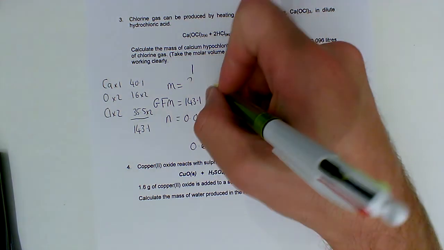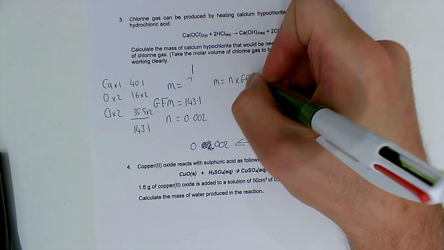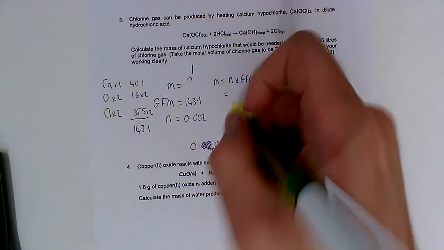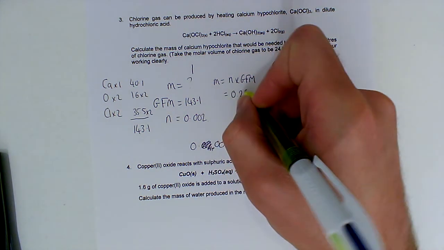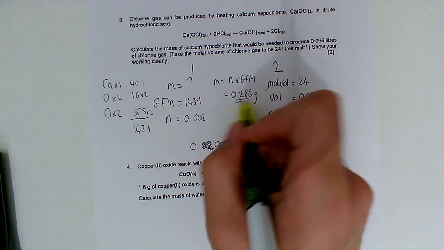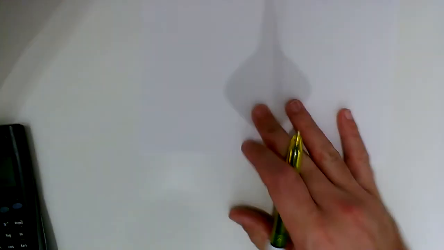And mass equals N times GFM, which is going to be 0.002 multiplied by 143.1, which is 0.286 grams, and that's just been rounded to 3 decimal places. Okay, that's that question.